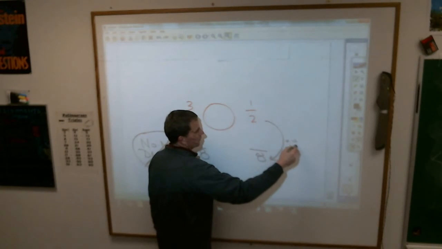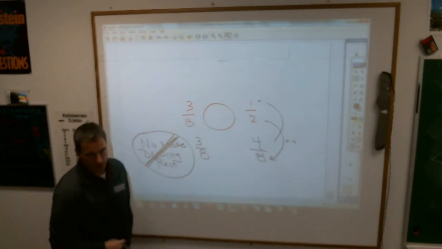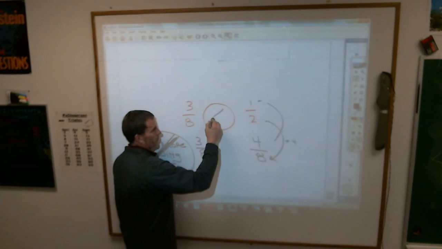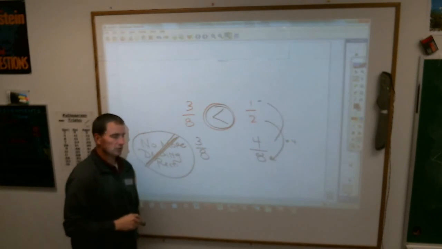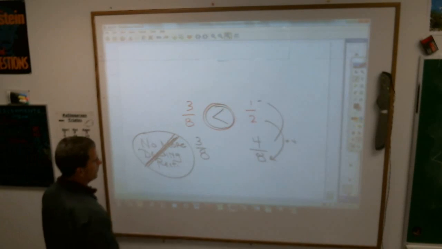Multiplied by 4, multiplied by 4. And then it's very easy to see which fraction is bigger. What's bigger, 3/8 or 4/8? 4/8 are always bigger than 3/8. So don't be drawing pictures anymore. Okay, when I give you quizzes and stuff like that, you need to come up with common denominators. Everybody happy with that? Perfect.